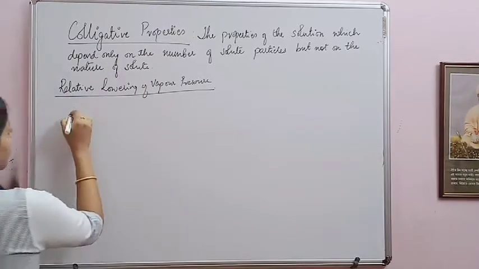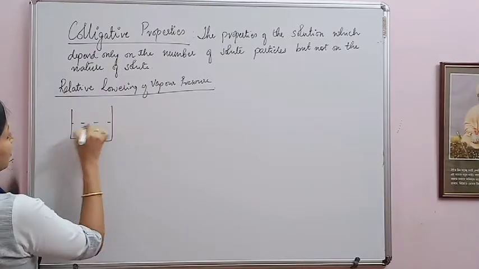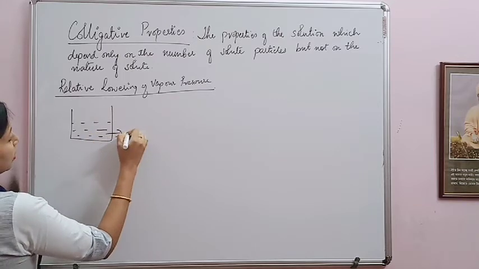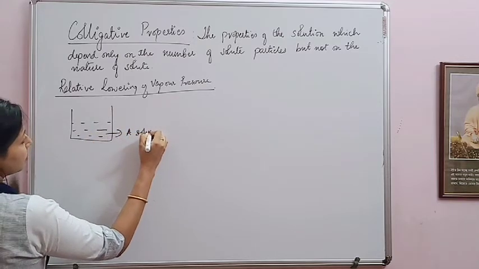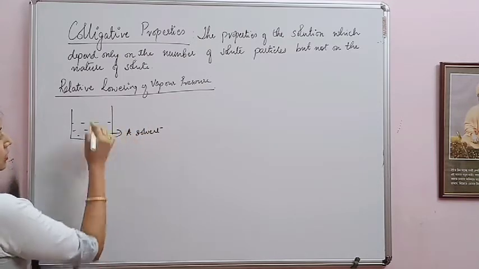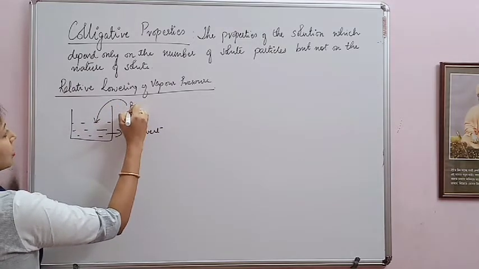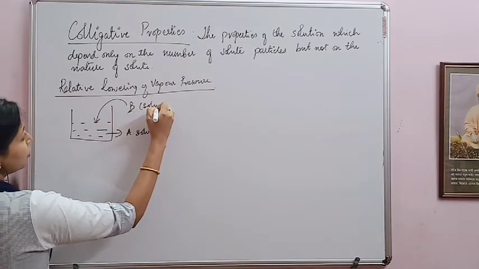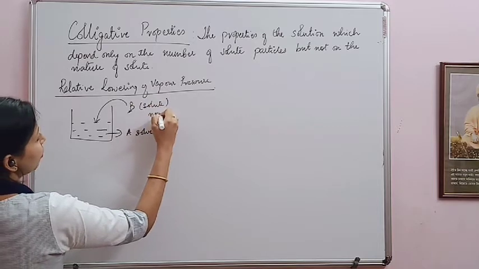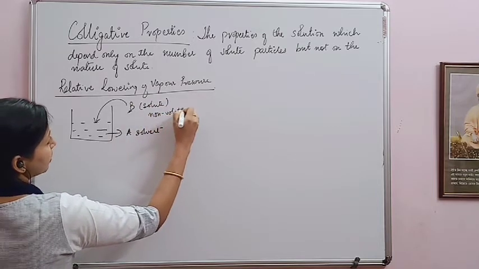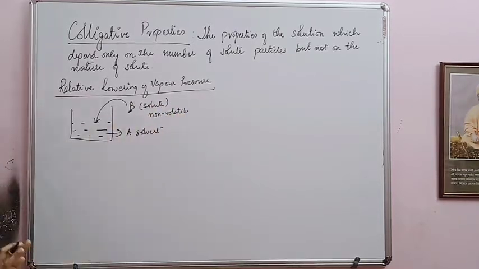Let us prepare a solution where we have taken A as a solvent, a volatile solvent, and we add B, which is a solute, and it is non-volatile.